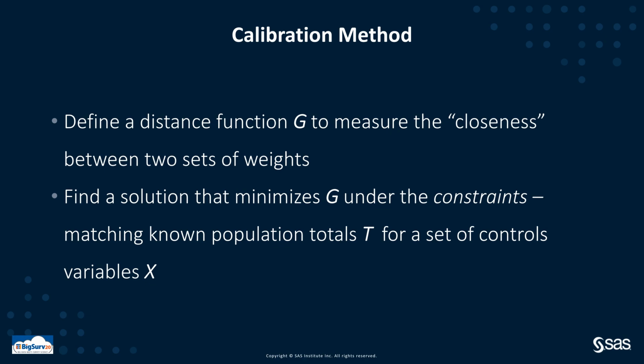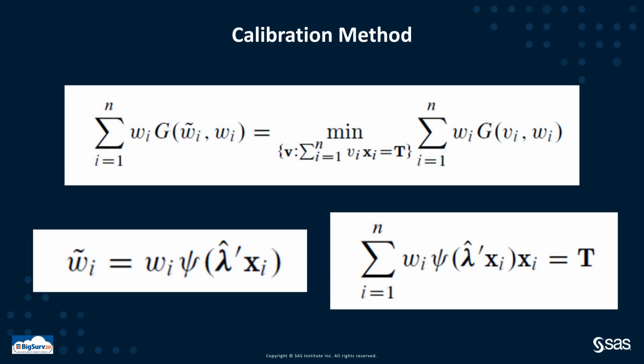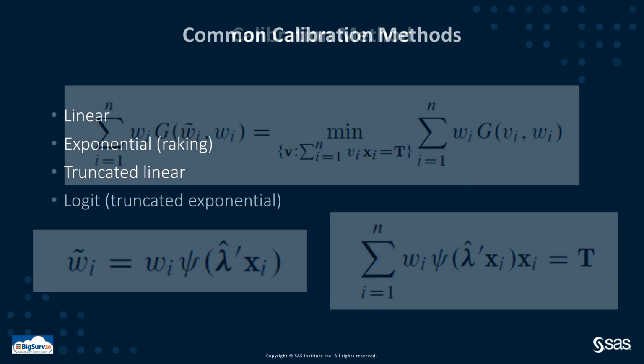To solve this calibration problem, first, we need to define the word closeness by using a distance function g to measure the difference between the two sets of weights. Then we need to find a solution by minimizing the distance function under a set of constraints. In other words, the calibration weights W tilde are the solution that minimizes the distance function under given constraints.